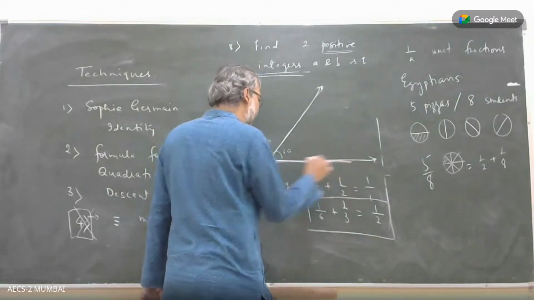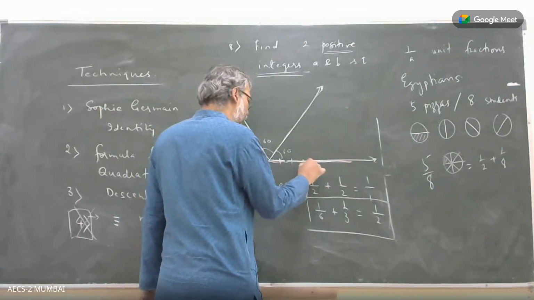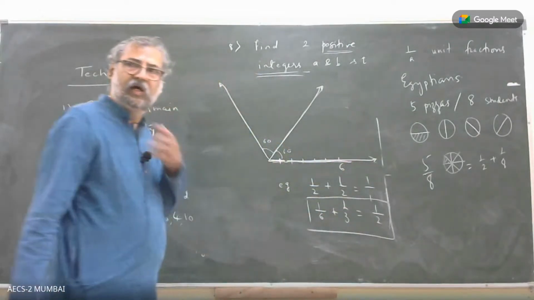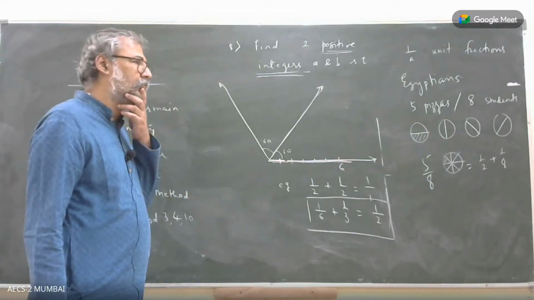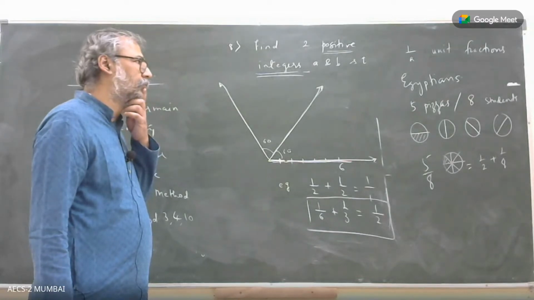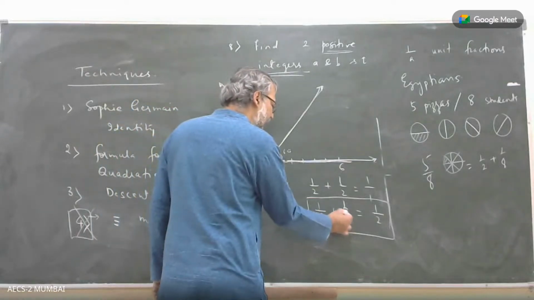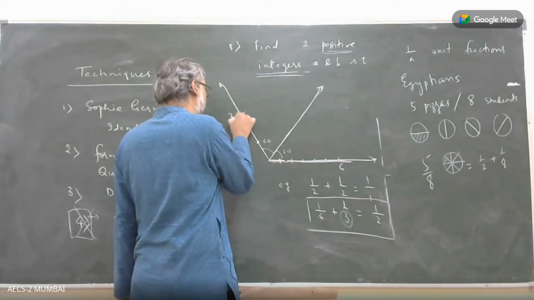You can measure 6 centimeters on one line. You can measure 3 centimeters on the third line.